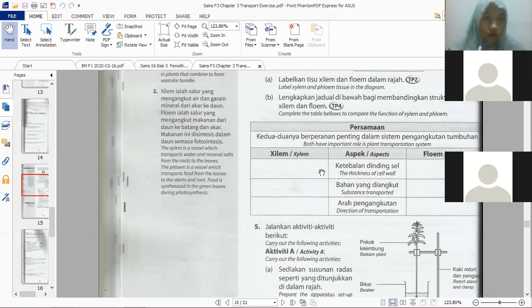Because it is due to the gravity. But because xylem transports the water against the gravity, the thickness of the cell wall must be thicker because it wants to pull the water from the roots to all parts of the plant, right? So this one must be thick.